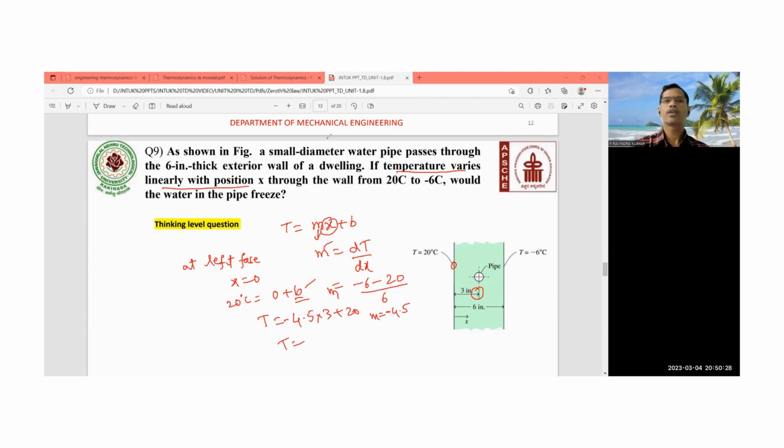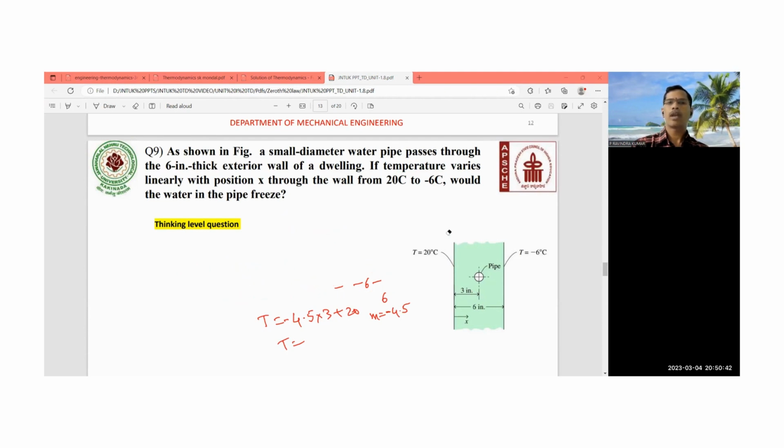So that is something you can find out from this type of problem. It is a thinking level question, and sometimes you will experience such problems. So this is one model type, that T is equal to mx plus c, that is the linear relation.